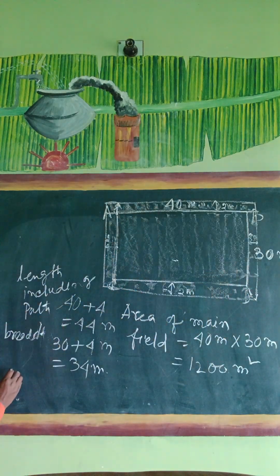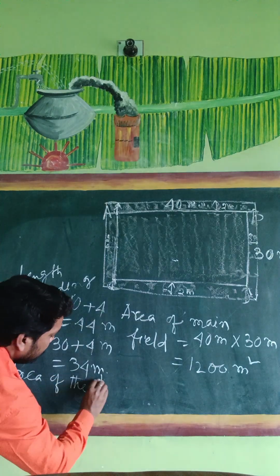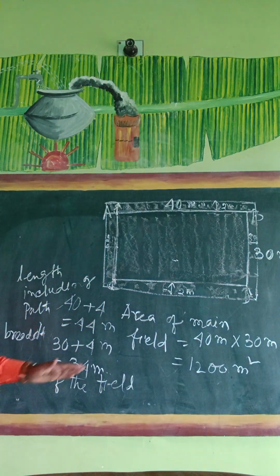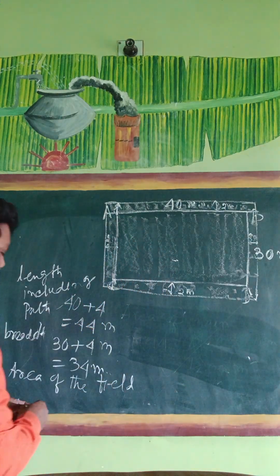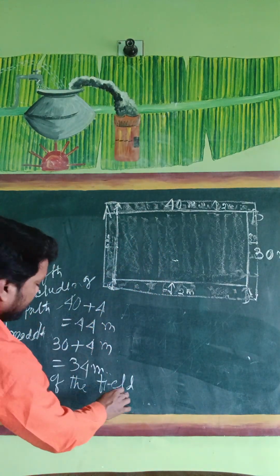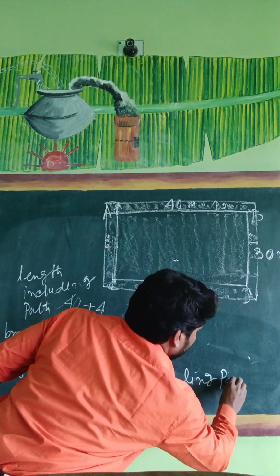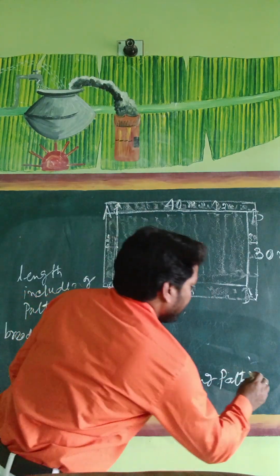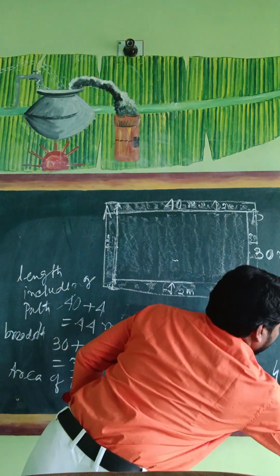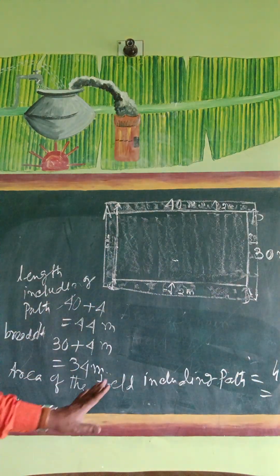So now find the area of the field including the path. I am erasing this portion. Find the area of the field including the path. What will be the area? 44 length and 34 breadth, so 44 into 34 meter square. You will calculate and you will get some area.